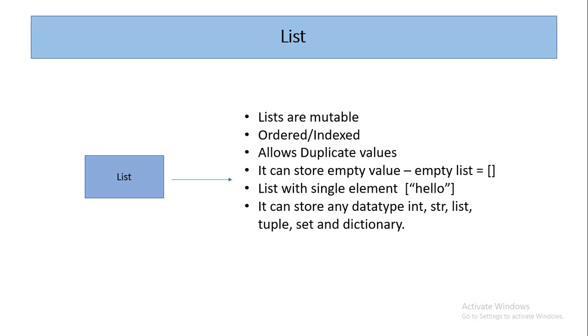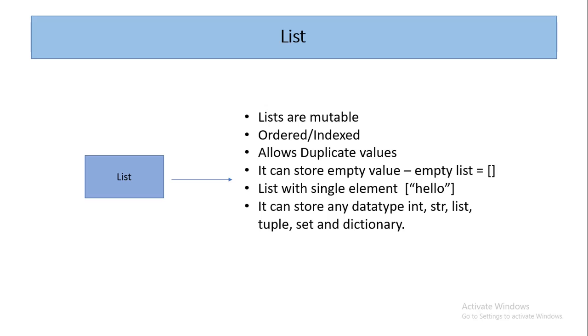To define a list, you can define an empty list using simple blank square brackets, or you can assign a single element by putting that value in square brackets. You can store multiple values of different data types in a list, for example integer, string, list, tuple, or boolean values. So multiple types of values can be stored in one list.